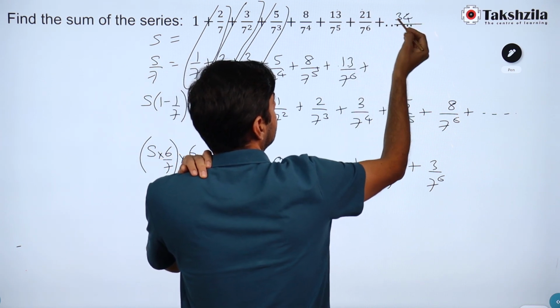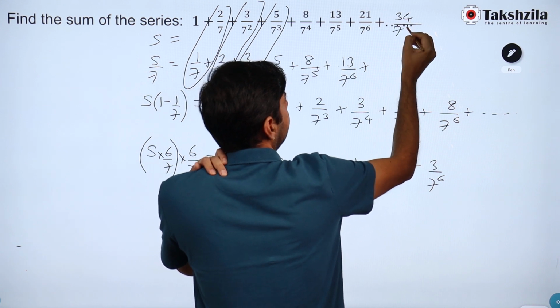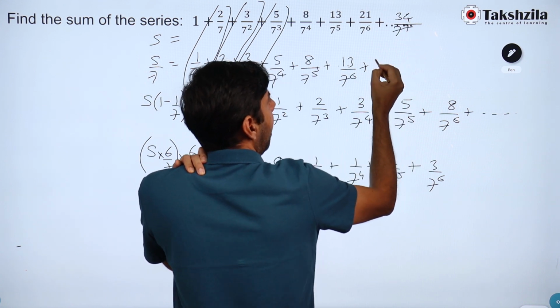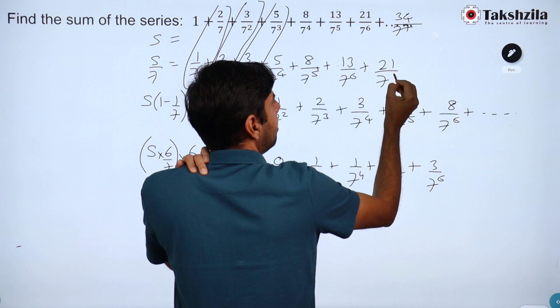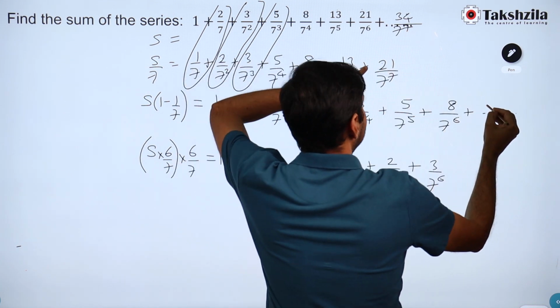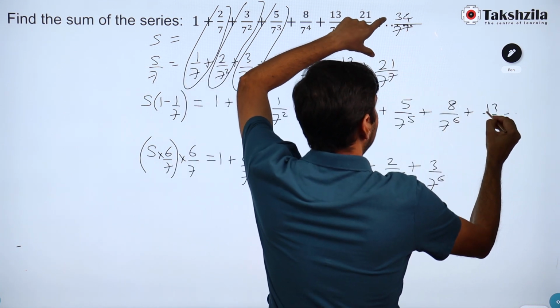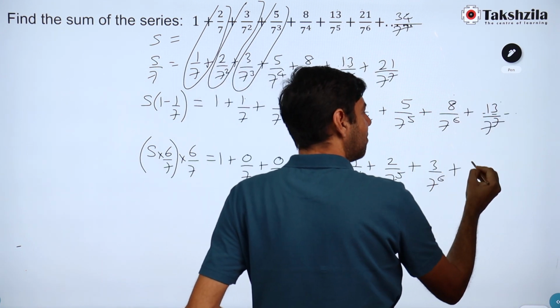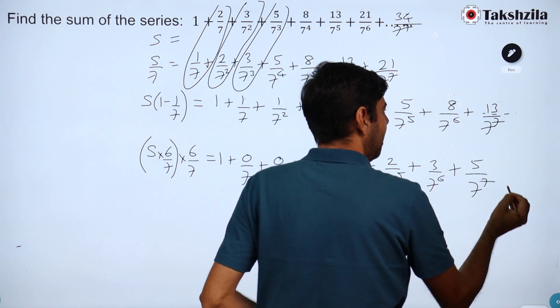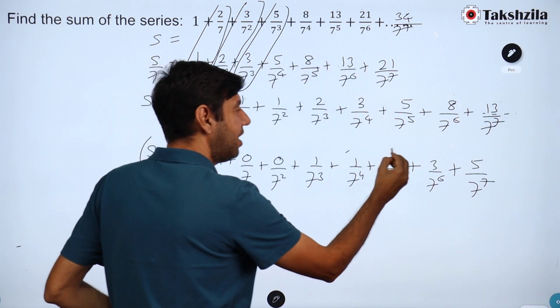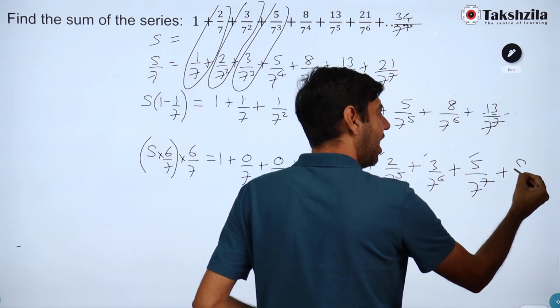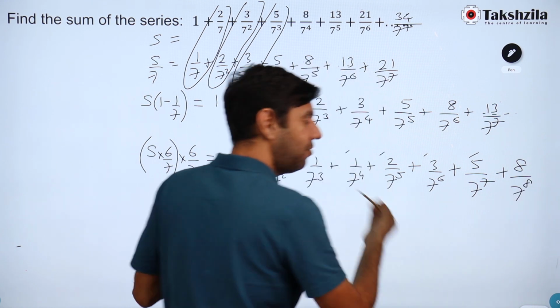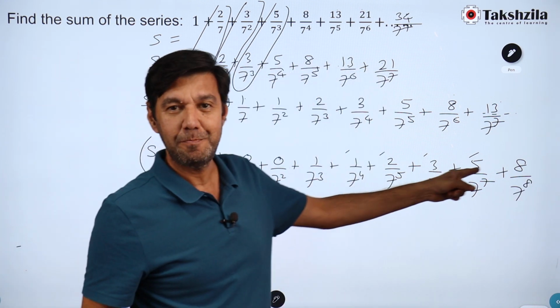This would have been a 34 by 7 raised to 7, and this would have been a 21 by 7 raised to 7. When you would have subtracted it here, we would have got a 13 by 7 raised to 7, and this minus this would have been a 5. So again that series of 1, 2, 3, 5, and the next will again be 8. So whatever you do, that series keeps cropping up again.